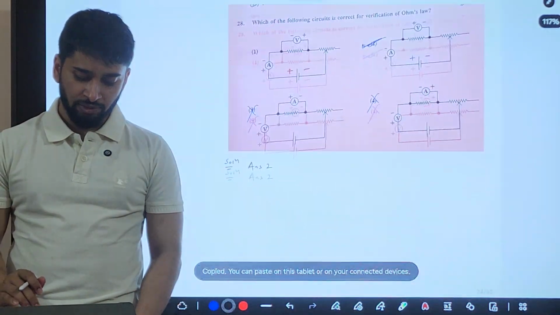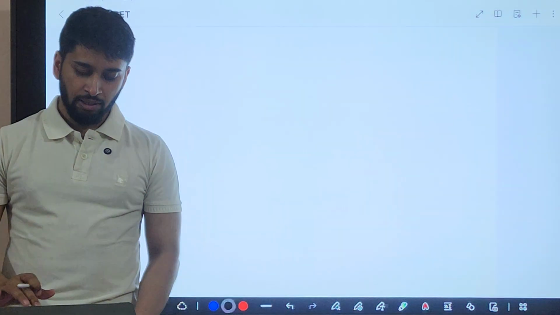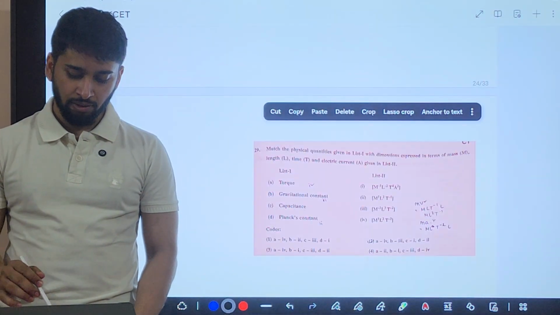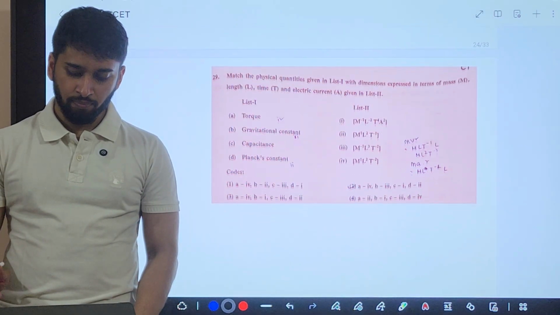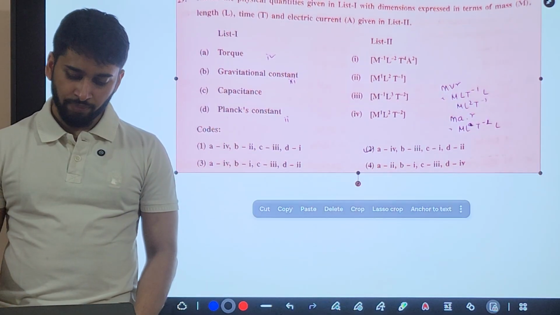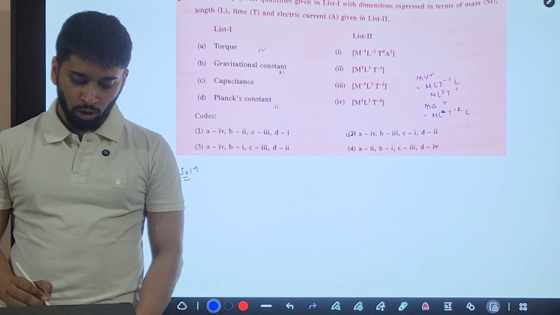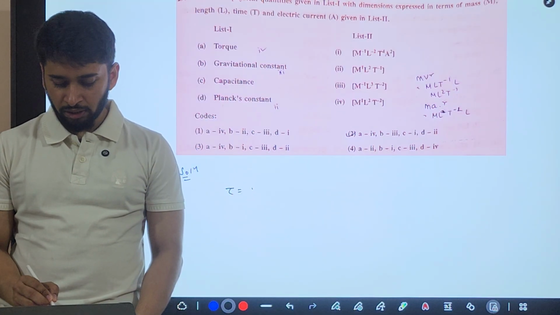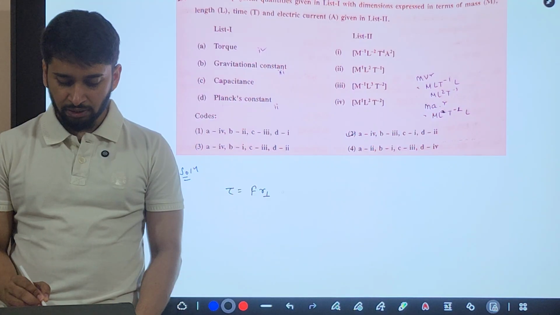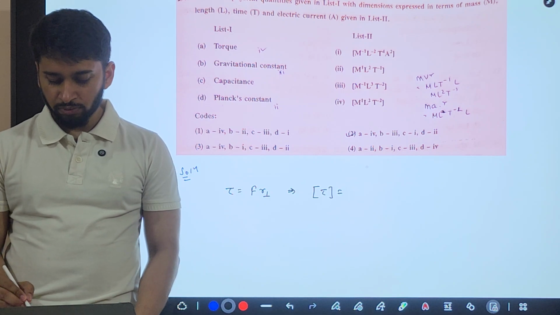We'll see quickly what can be done for 29. Okay, great. We have to just match the options. Torque is force into perpendicular distance, so the dimension of torque will become: force is MLT minus 2, so ML squared T minus 2.